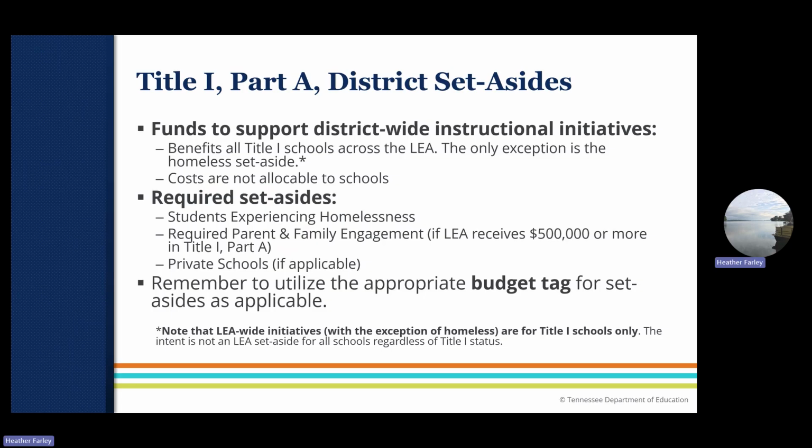On the required set-asides, you do have to have homeless. If you have any private schools that also accept Title I funds, that is required, and any LEA receiving 500,000 or more must reserve, and it will auto-populate the parent and family engagement amount.